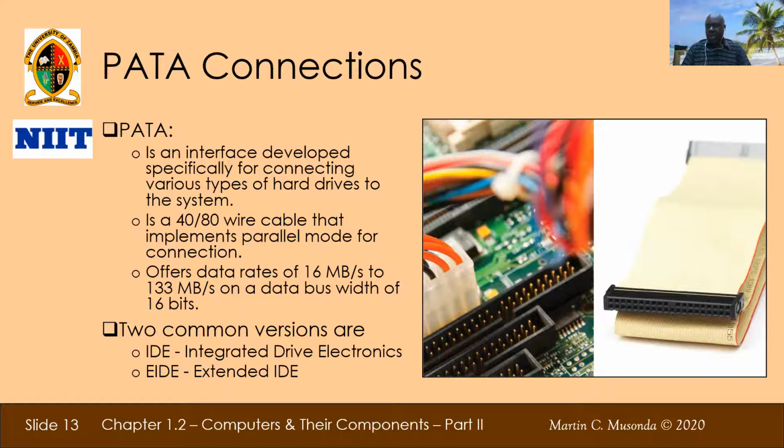What used to happen is, for machines which use this type of technology, if you confuse the jumper settings on these hard drives, you'll find that maybe one drive will not be recognized or both of them are not going to be recognized.